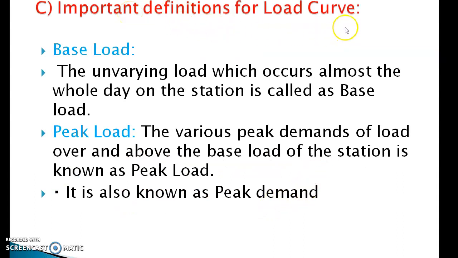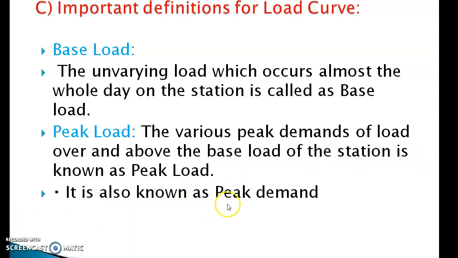Important definitions of the load curve. First one is base load. Unvarying load which occurs almost the whole day on the station is called base load. Peak load: the various peak demands of the load curve above the base load of the station are known as peak load.